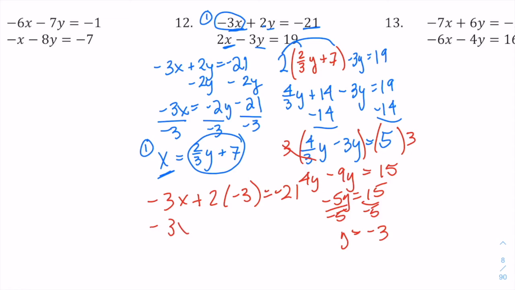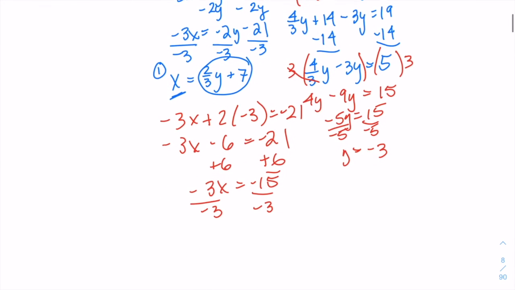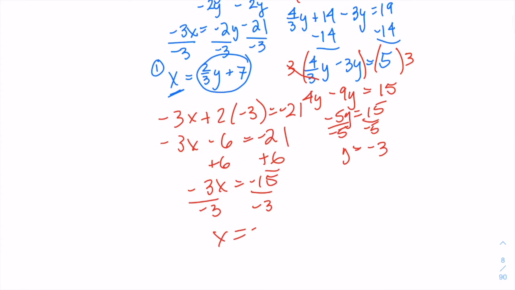Okay, so that's negative 3x minus 6 equals negative 21. Add 6, add 6. Negative 3x equals negative 15. Divide by negative 3, divide by negative 3, and we get x is equal to 5. So our solution is 5 comma negative 3.